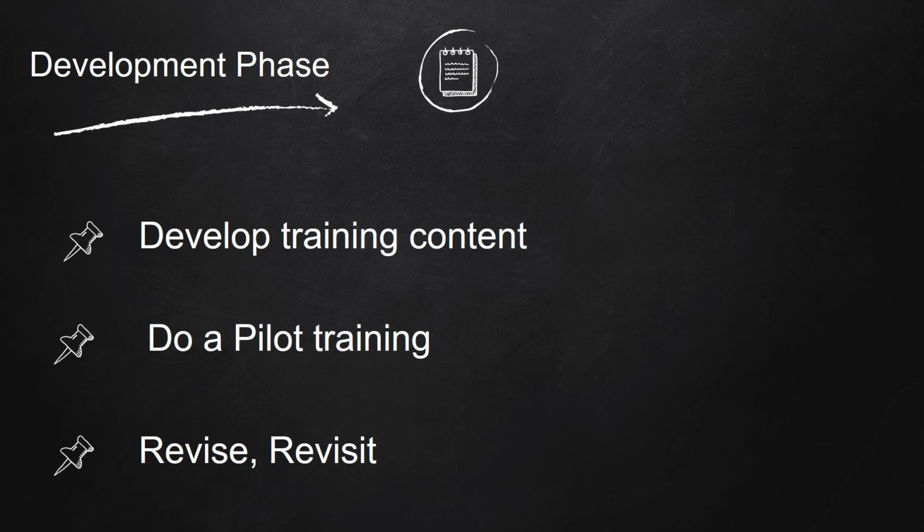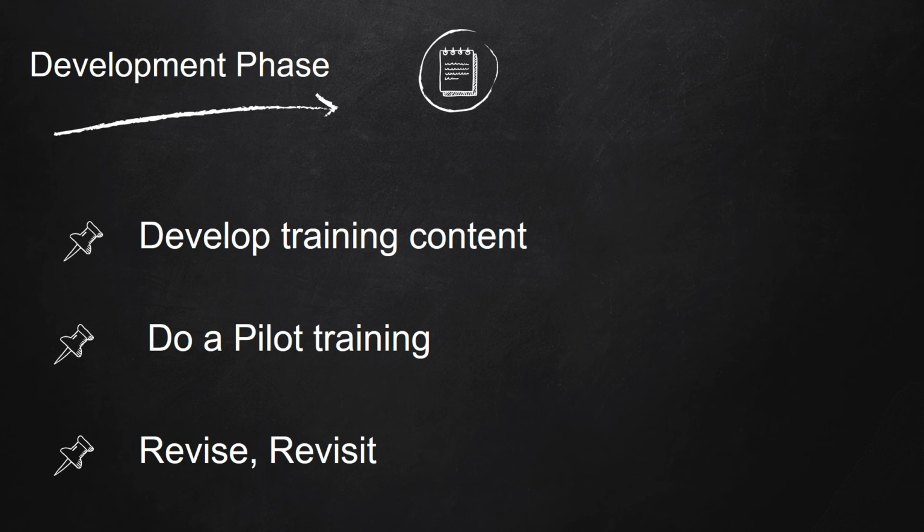Okay, let's see the steps in detail. The first step, developing the training content. When we develop the training content, first we develop the information display and the practice exercises. Once we develop the display, we have to identify how we are going to deliver it. It could be a PowerPoint deck, or a video, or an audio.